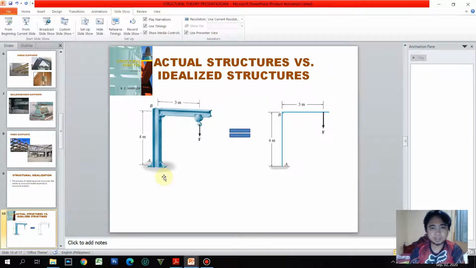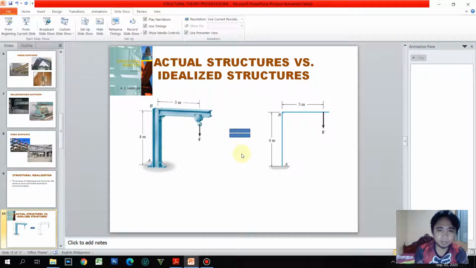Okay, so the process is just to simplify the actual structure into the idealized structure. Here we have a steel frame that is fixed connected, a sufficiently connected portion of a typical beam and column connection.